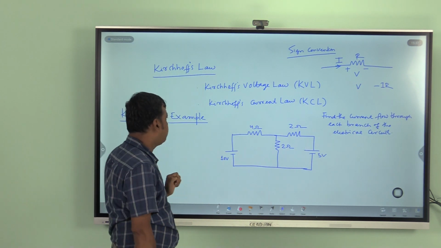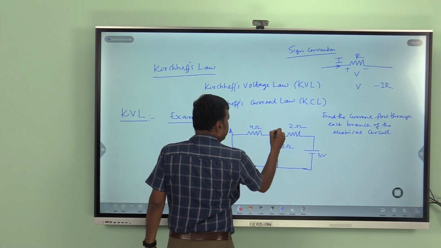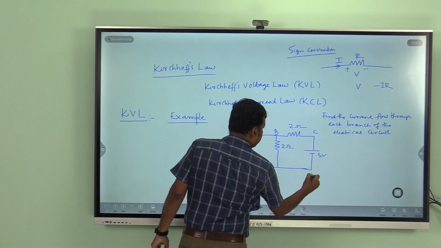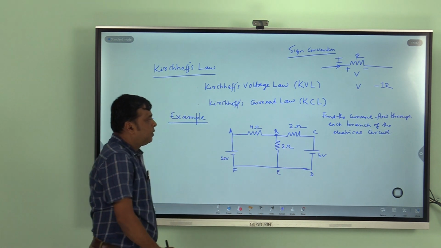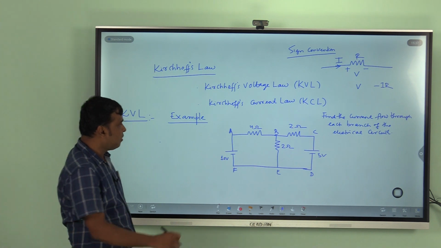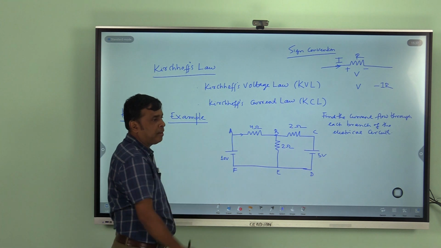Look at this example here. First, I am naming the points A, B, C, D, E and F. This is the plus terminal, this is the minus terminal.